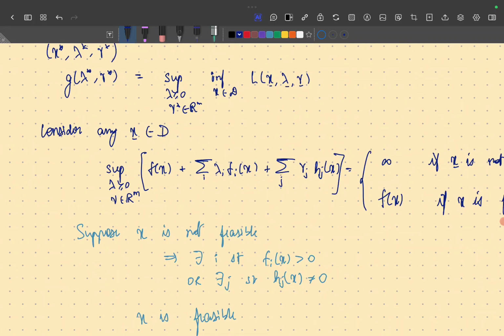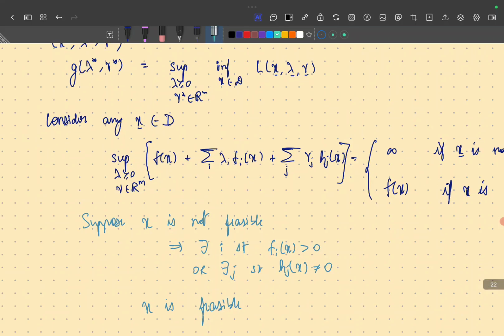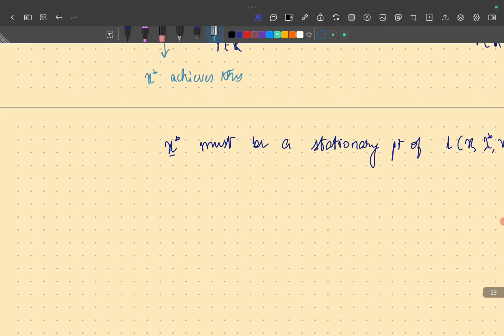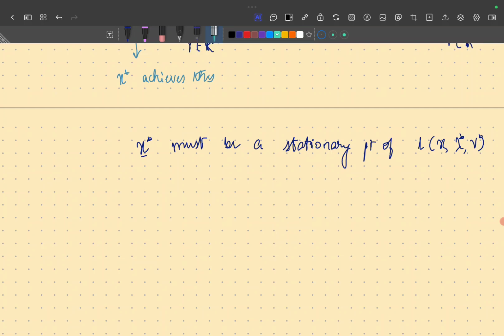But I also wanted to show you that if you first take the supremum with respect to lambda and nu, then you just end up with this particular function over here, so that you can see this more naturally. Any questions?